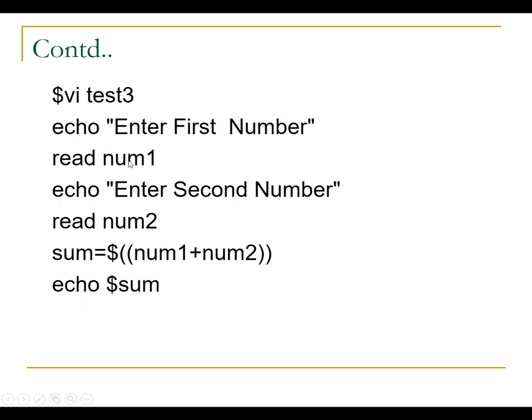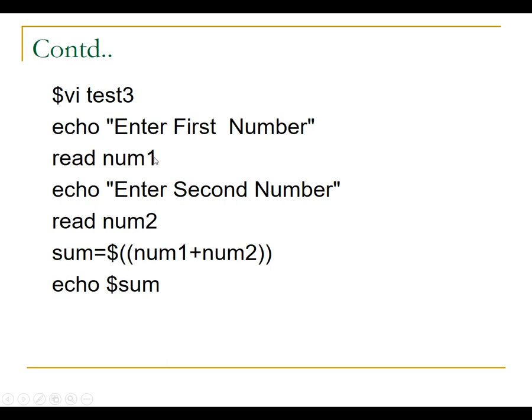Now what it does: it will accept the first value in the variable num1 and the second value into the variable num2. This statement will add the two values. Whatever the addition is, it is stored inside the variable sum, and this echo statement will print that sum onto the screen.